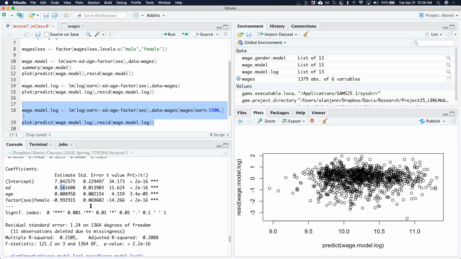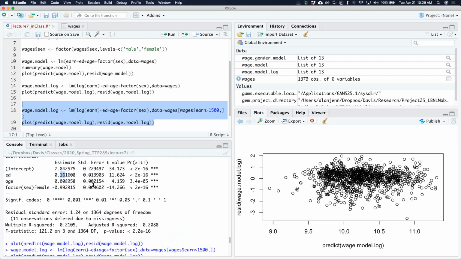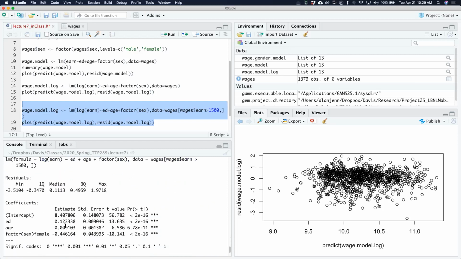So this was 16%, 16% plus or minus 1.4% per standard error, whereas here it's a little bit lower. It's 12.3%. Okay, and so that is a quick example of showing some of the stuff that we've learned and walking through to try and step by step fix the model.